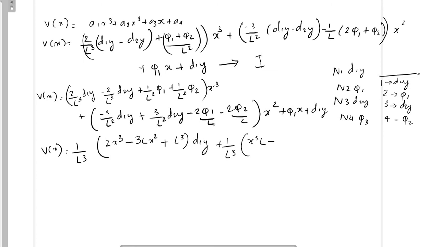We need L cube here, so we should multiply with the L square. So minus 2 L square x square. Here pi 1 x only is available, so we need to multiply with the L cube. So plus L cube into x because we have taken L cube outside. Some of the terms do not have L cube in the denominator, so we have to convert into the equivalent factor. So d2y.